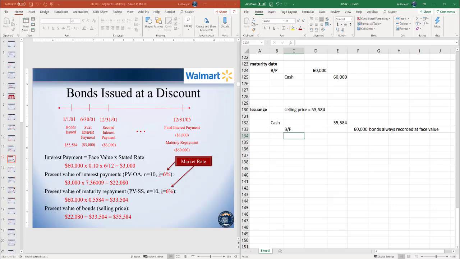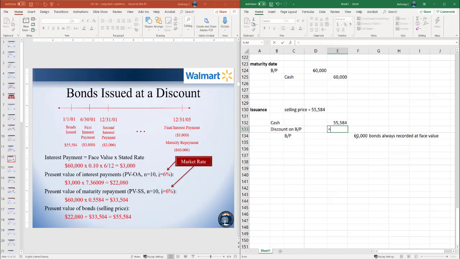The last part of this journal entry is we need to get our debits to equal our credits. Debits are $55,584. Bonds payable are $60,000. Actually, I'm going to move this down one. Sorry. So to get our debits to equal our credits, we need to increase our debits by the difference, and we're going to debit this into discount on bonds payable.